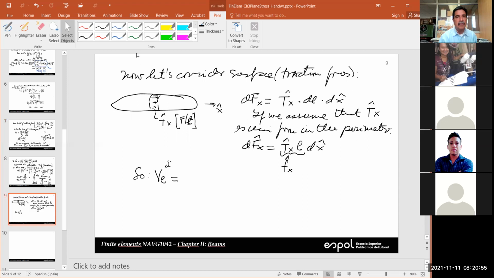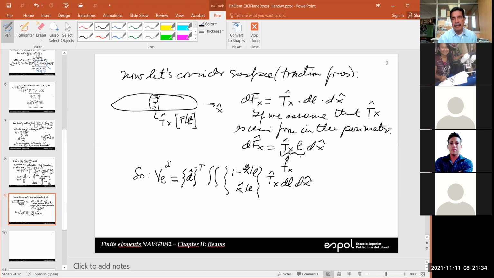So it's going to be equal to the vector d transpose, and then the integration over the surface of this thing. And then I have to put it back. So this is going to be U, that's that times 1 minus Z, X over L, and then we have to put this. So it's going to be this times dL times dx.